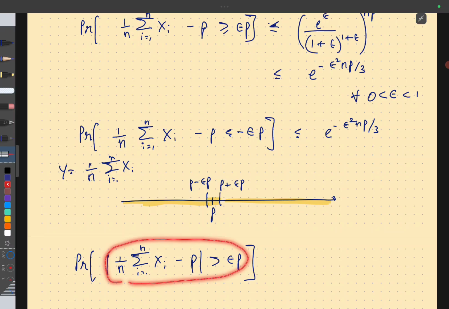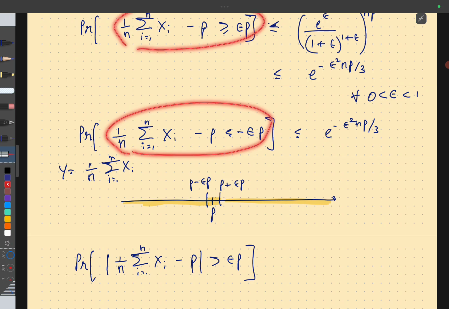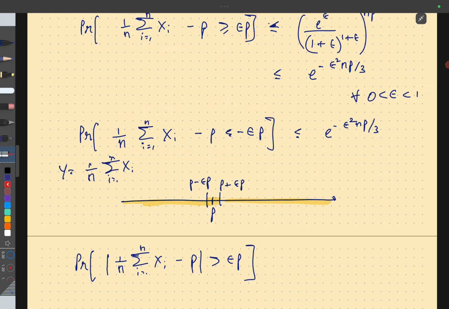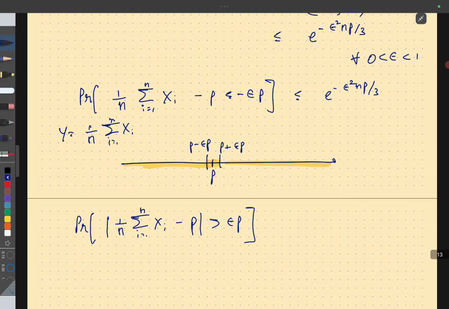The event over here that y is either greater than p plus epsilon times p or less than p minus epsilon times p is a union of the events given by these two, and therefore I can use the union bound and say that the probability that mod y minus p is greater than epsilon times p is less than or equal to 2 times e to the power minus epsilon square np by 3.